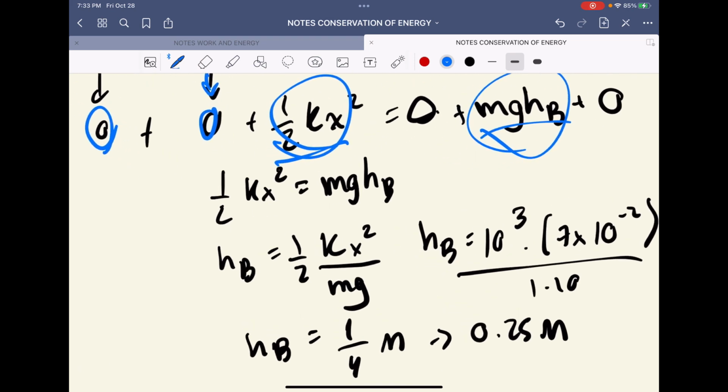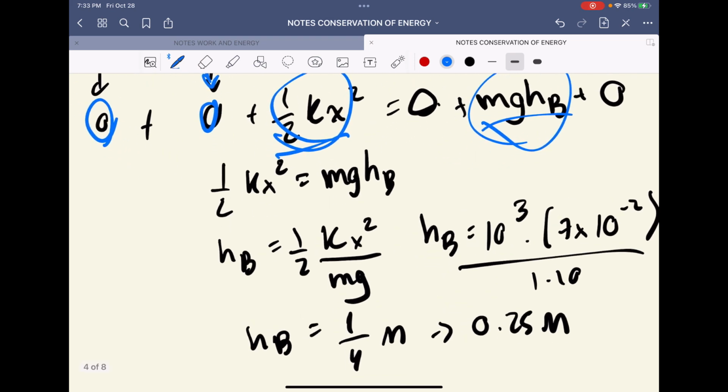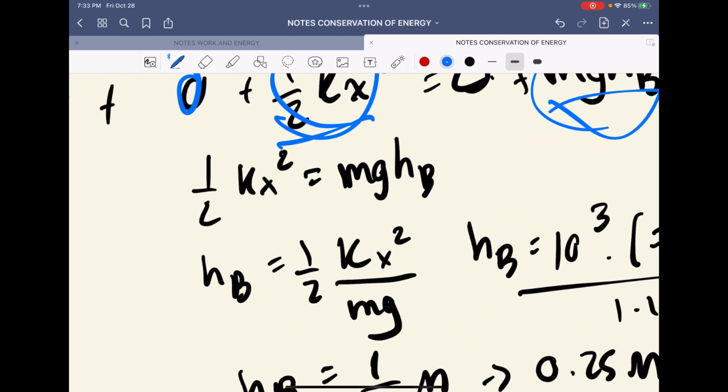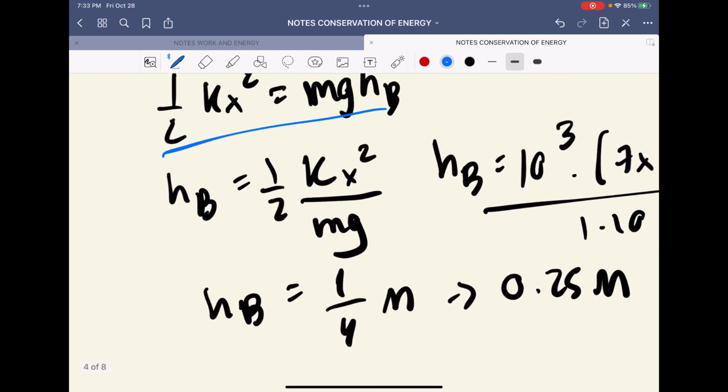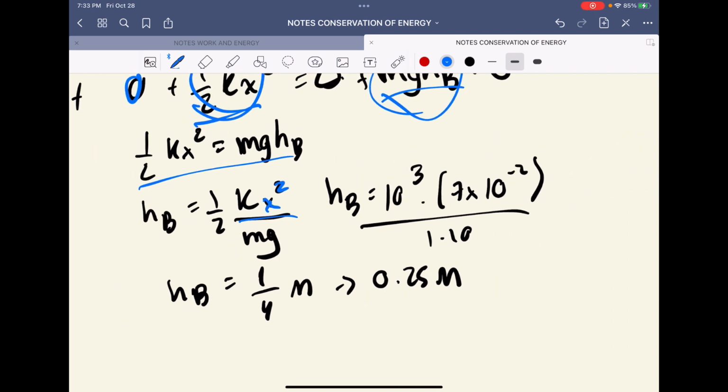So h_B is equal to, we're solving for height, so when we put them together, height is going to be a half times k times x to the second power over mg.